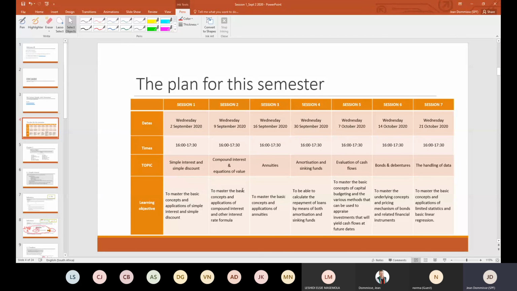If there is load shedding at times when I need to present, we'll communicate that with you. Maybe there are other ways of doing it. Maybe I can do something through my phone. We'll see how we can manage.